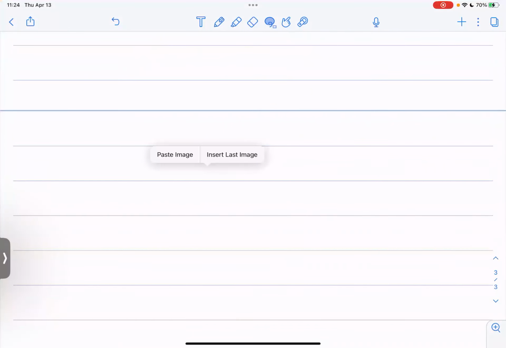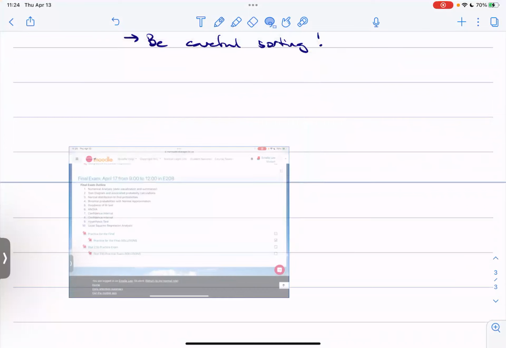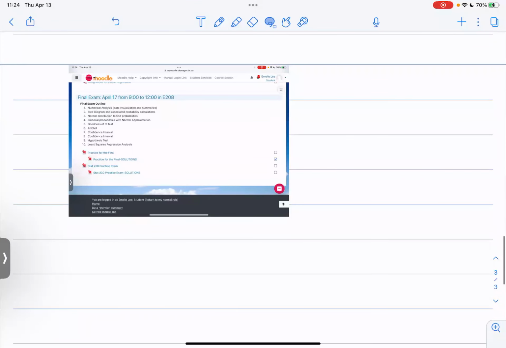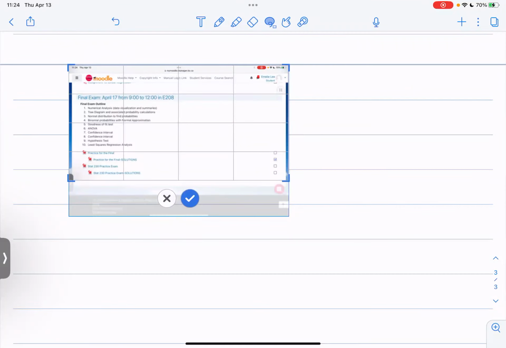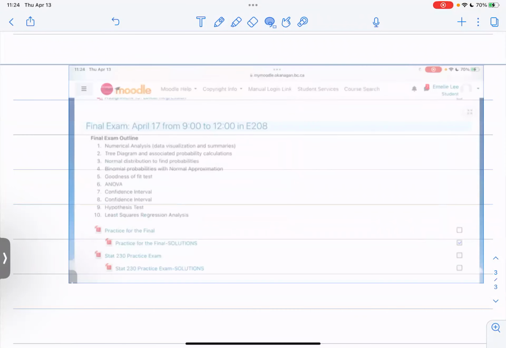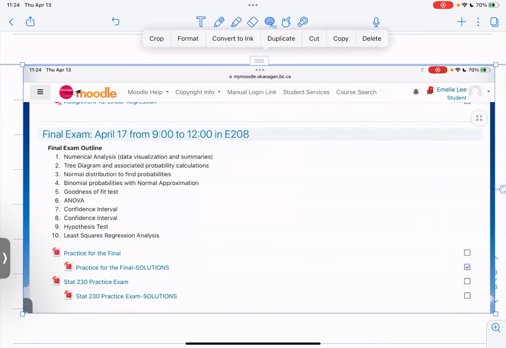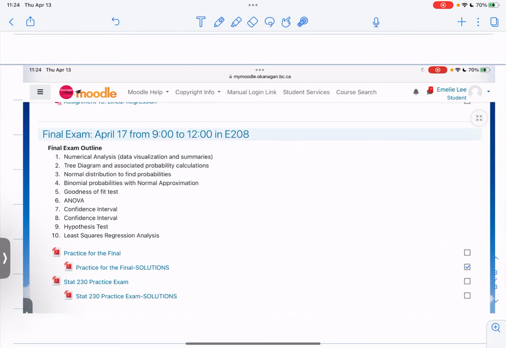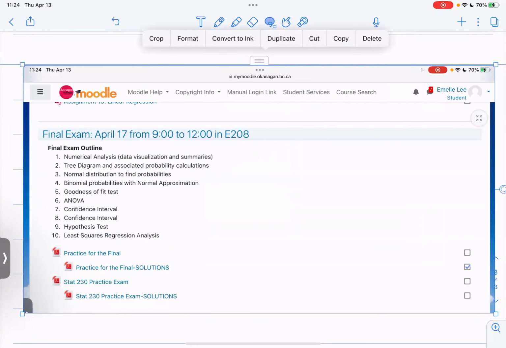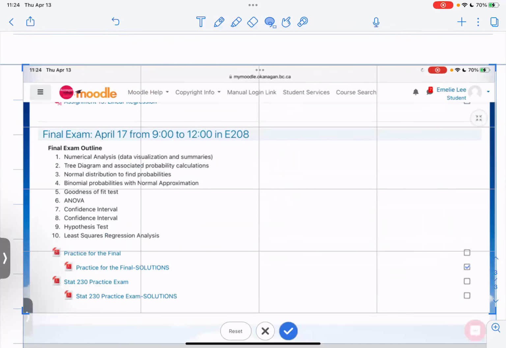All right, so let's see here. I'm going to blow it up a little bit. Oh, you know what? This is all dead space over here. I don't need that.